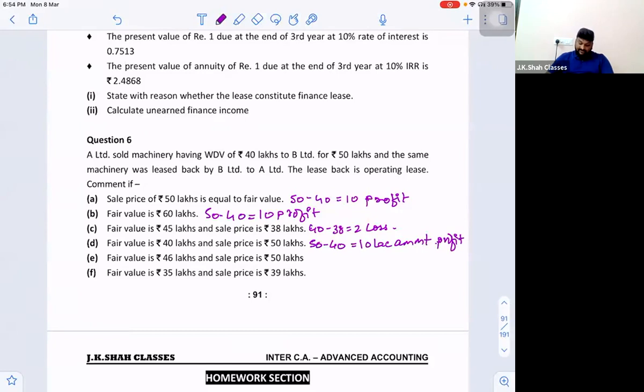When fair value is 40 lakhs and selling price is 50 lakhs, comma, the profit rupees 10 lakhs, in the bracket you show 50 minus 40, should be amortized over the lease term.